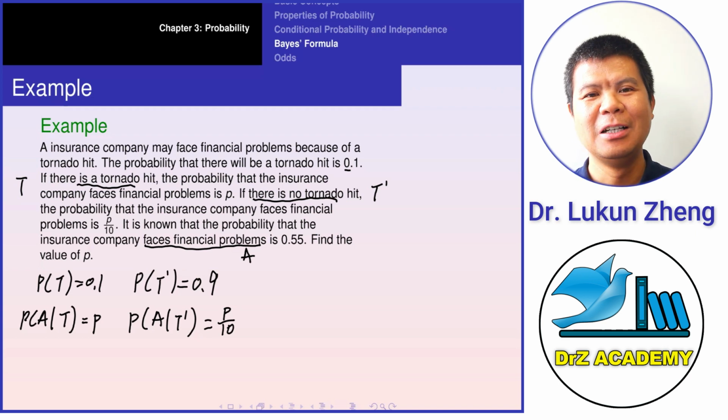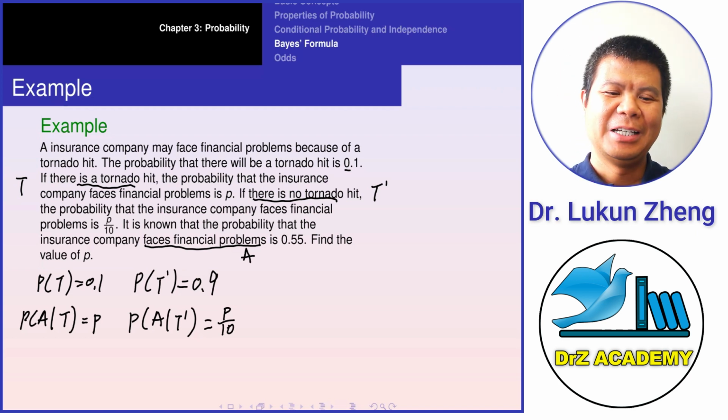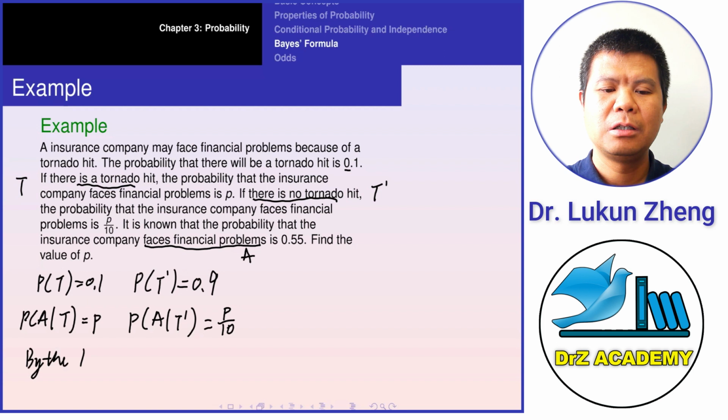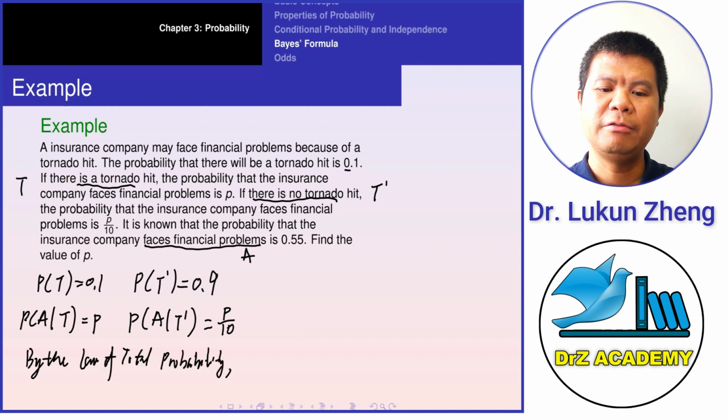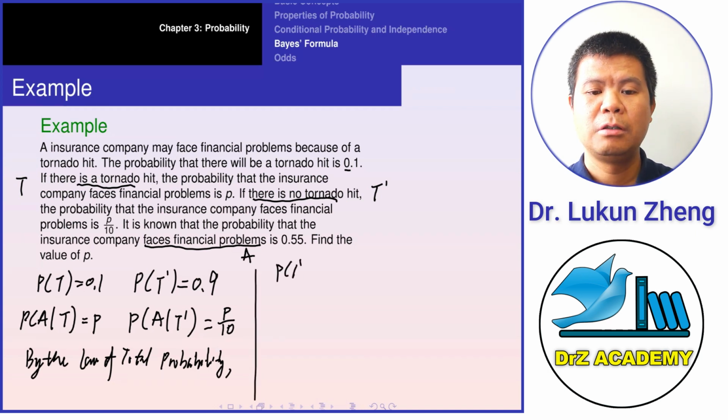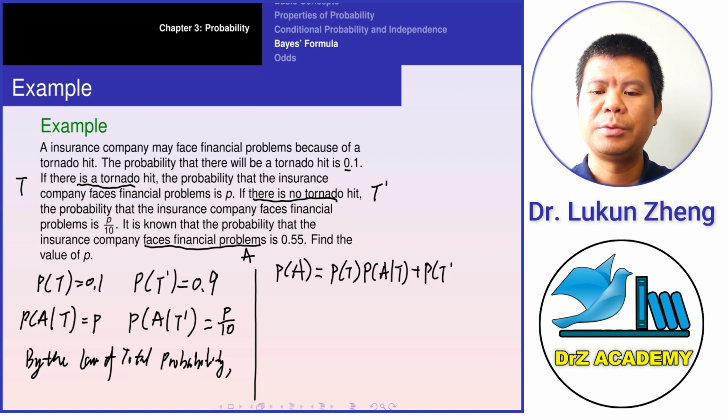Therefore, by the law of total probability, P of financial problem equals P of T times P of A given T, plus P of T complement times P of A given T complement.